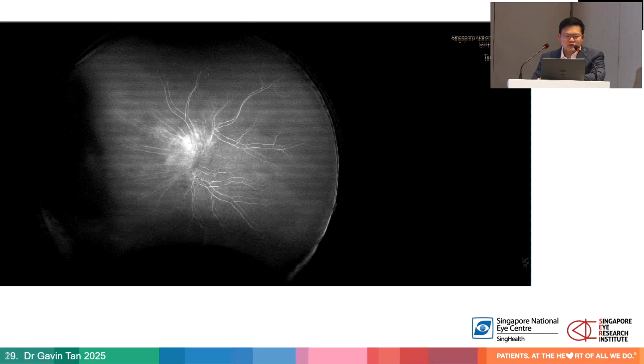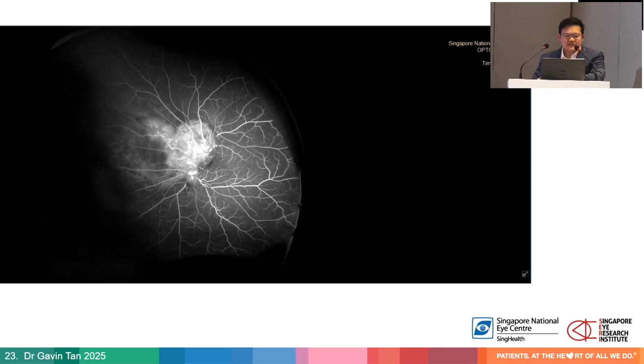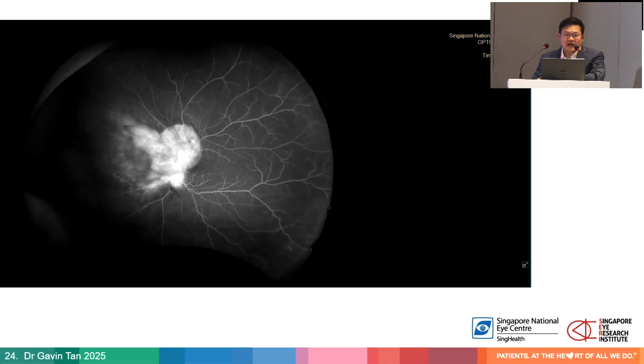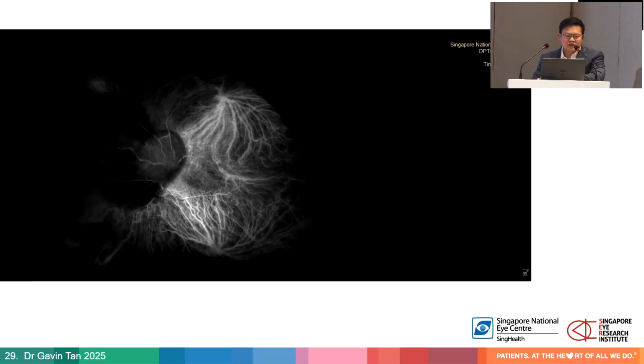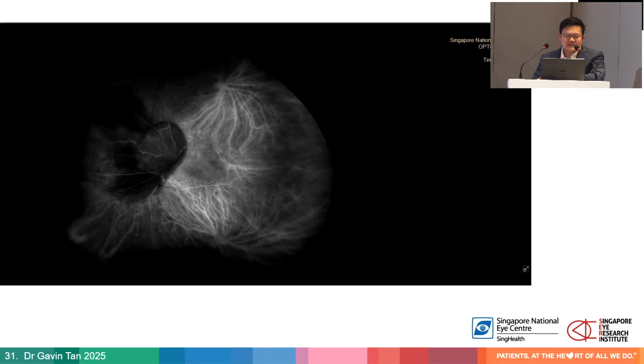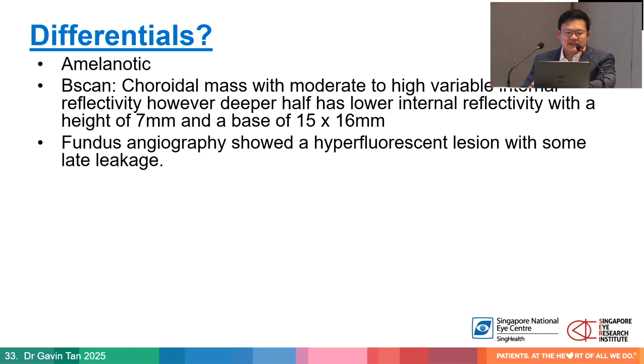And the angiogram showed hyperfluorescence with a large amount of late leakage. The ICG showed some vascularity, but did not have an appearance that suggested this was either inflammatory or choroidal hemangioma in origin.